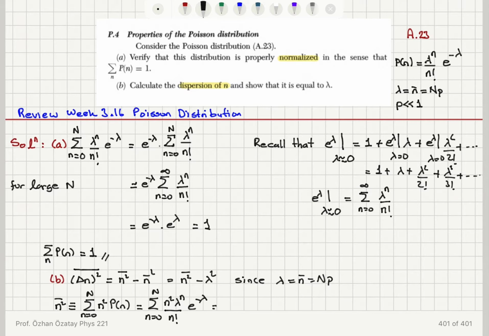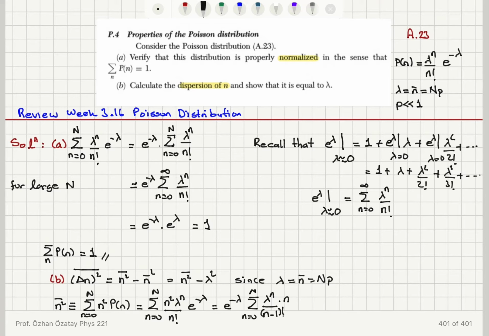So this e to the minus lambda again does not have an n term in it, so it can be taken out. This is going to be n equals 0 to capital N lambda to the n divided by, for n squared, I'm going to use one of the n's to get rid of the n in the n factorial expansion, so it becomes n minus 1 factorial times n.